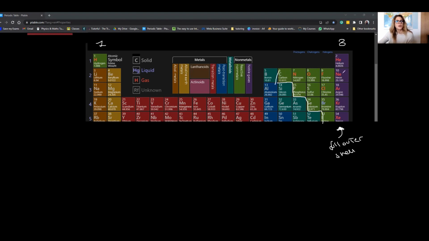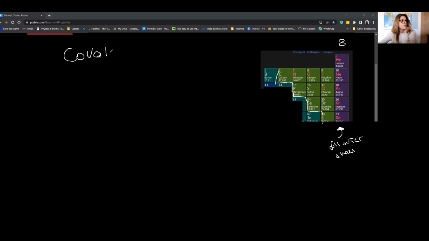If we talk about covalent bonds, let's focus on that first, and just on the non-metals. Let's simplify the periodic table like this, because we won't look at the other elements anyway. When two non-metals react together, they form a covalent bond. Non-metals gain electrons, so they can only form negative ions, but they won't bond together as true negative ions because same charges repel.